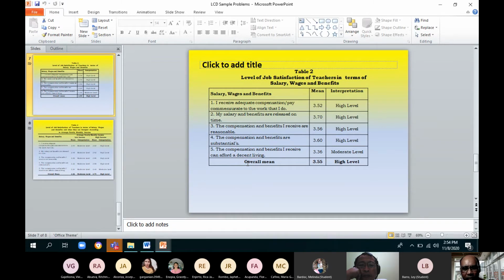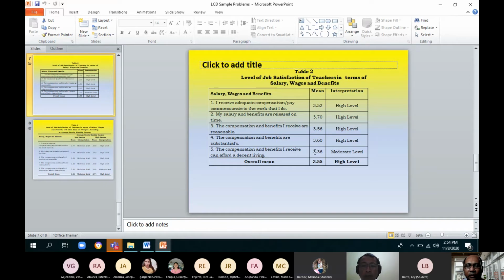Then, after your discussion, ang next sinadayon is implication. Pag siling nga implication, so try to implicate this study in the actual nga makita nyo sa inyo workplace, sa local sang study kung diin mo ginconduct. Why is it? Kay ang iya nga lowest is the compensation and benefits I receive can afford a decent living.